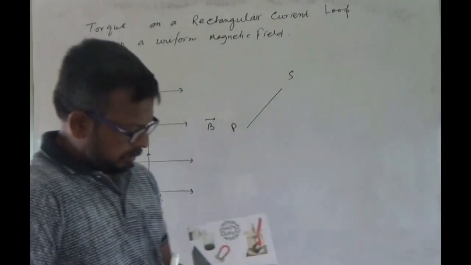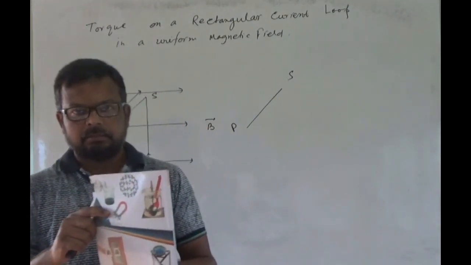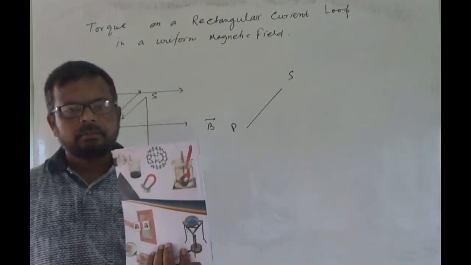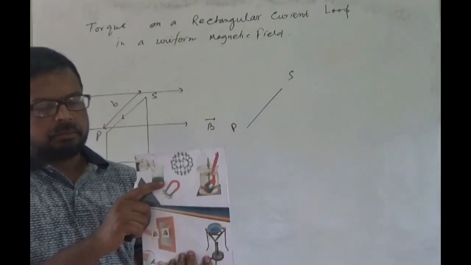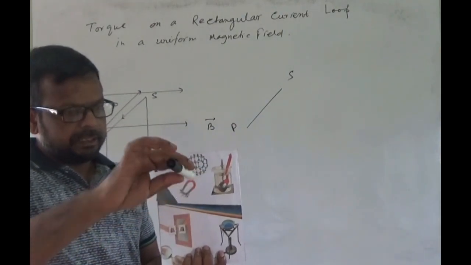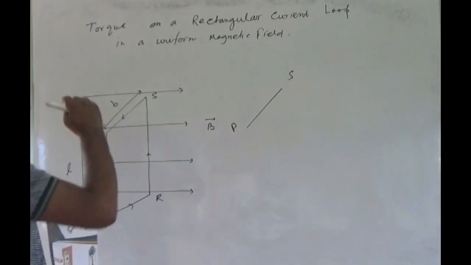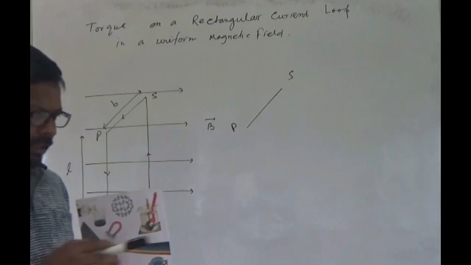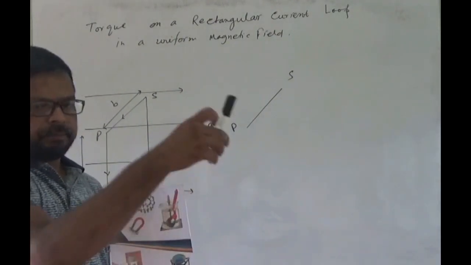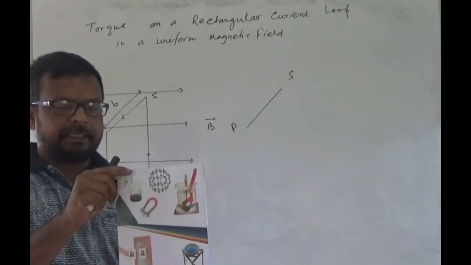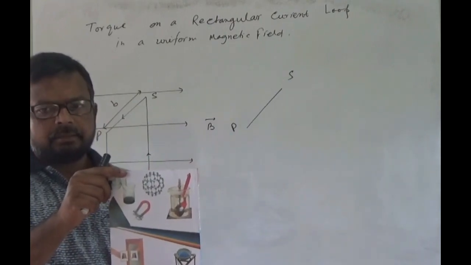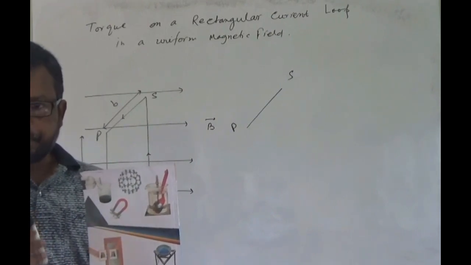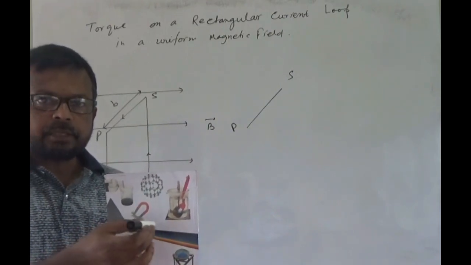Let us say this is a current carrying loop, and if I compare with my figure, let us say in this direction there is a magnetic field. If the loop is placed in this position, then the direction of magnetic field is perpendicular to the normal to the plane of the loop.